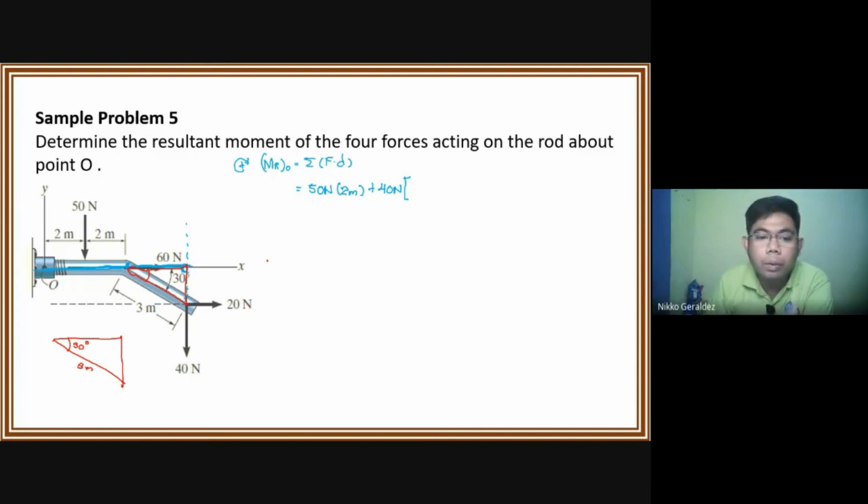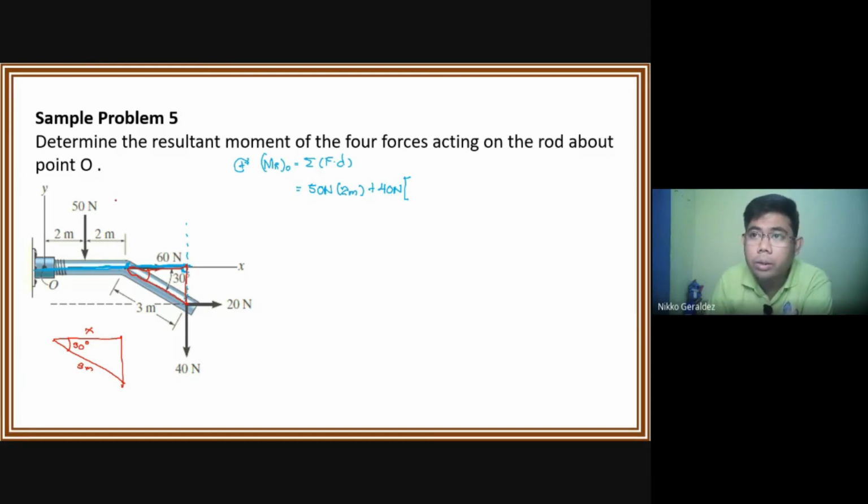To get the perpendicular distance of the 40 Newton, we need to solve for the adjacent side of the right triangle, the horizontal side. Let's call it x.